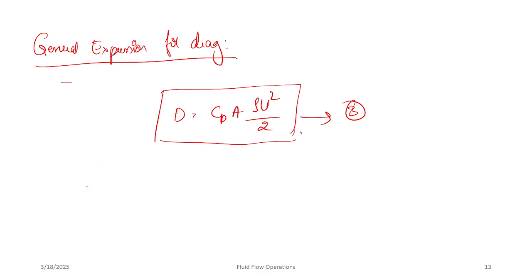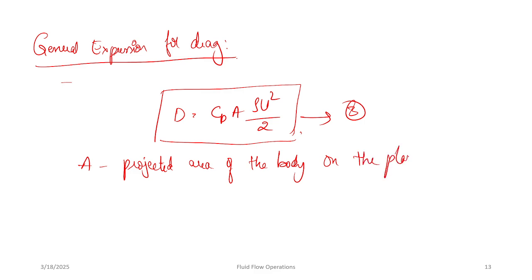So here A is the projected area of the body on the plane vertical to the direction of uniform flow.